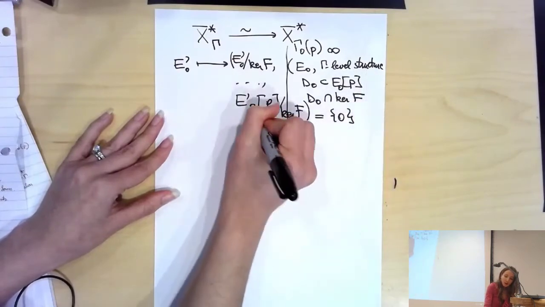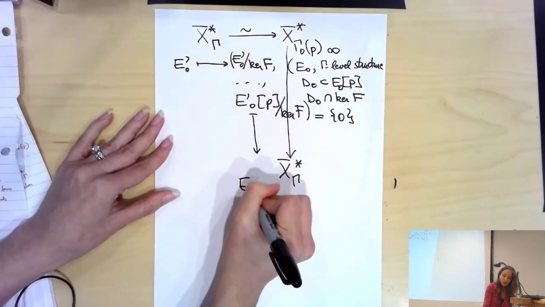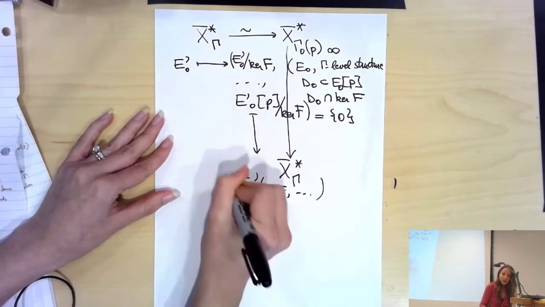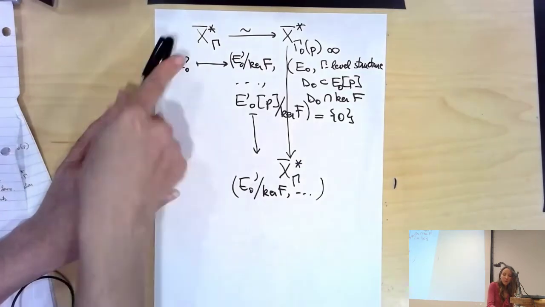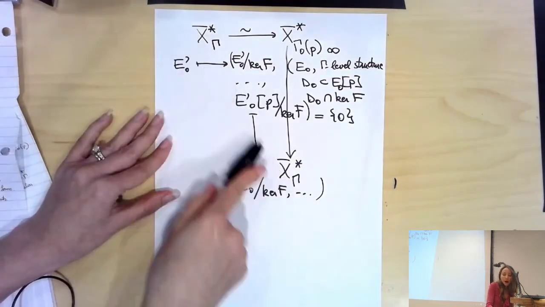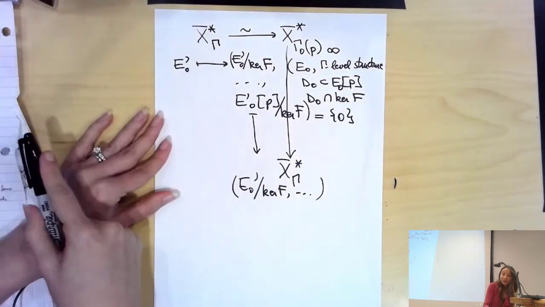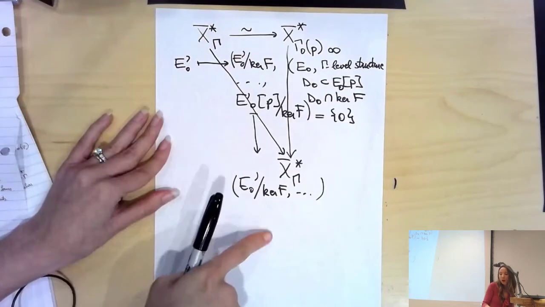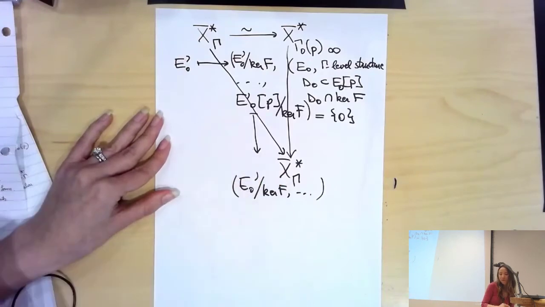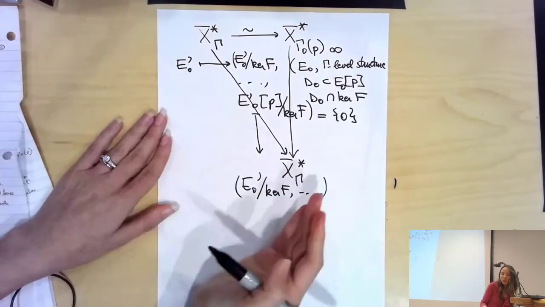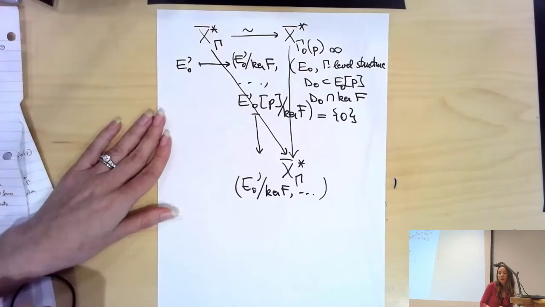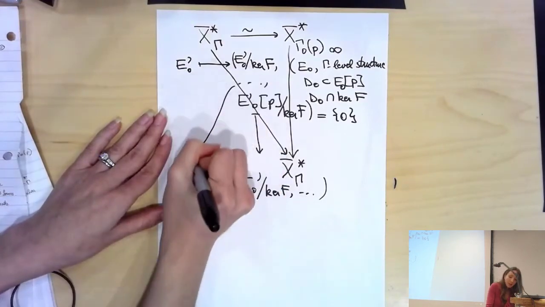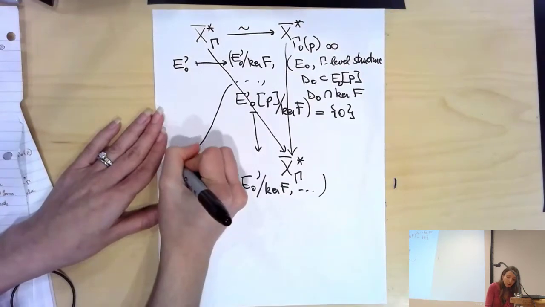So from what you have here, you go to E naught prime modulo the kernel of F and whatever you had as gamma level structure. If you think about it in terms of the map at level gamma, you can see that it is given by quotienting out. On the moduli problem, it's given by quotienting out by the kernel of the Frobenius isogeny. And if you think about what that means, you can see that this map is actually the relative Frobenius.